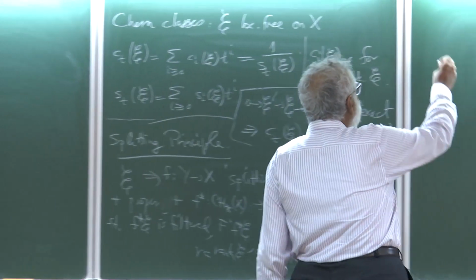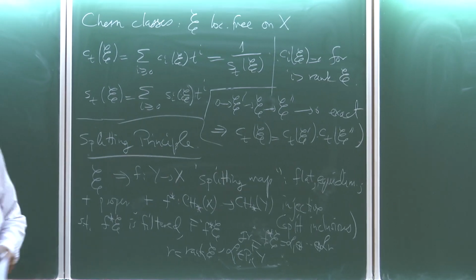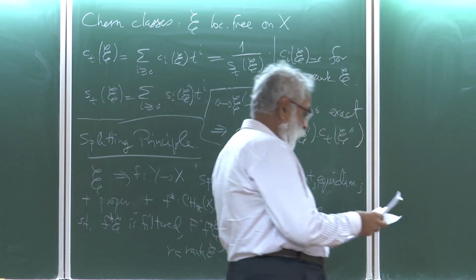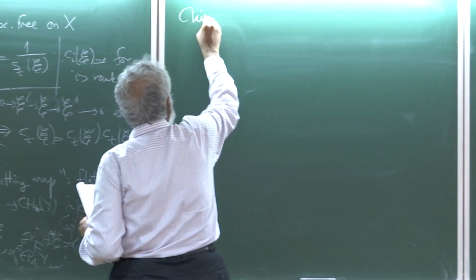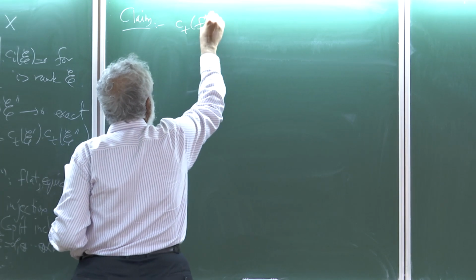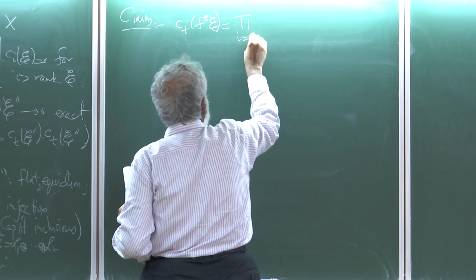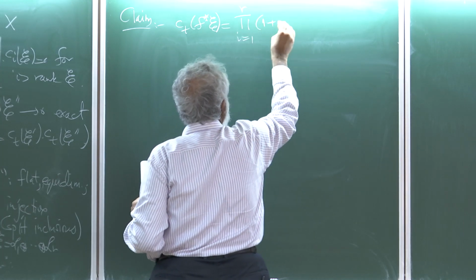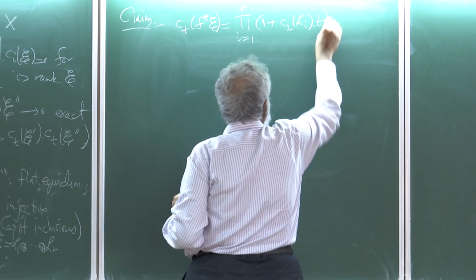And then I asserted that claim. Again, this was proved earlier, but I wanted to go through it again just for conceptual reasons. C_t of f*E is equal to the product for i equals 1 to r of (1 plus c_1(L_i) times t).